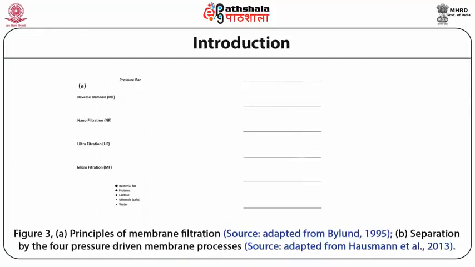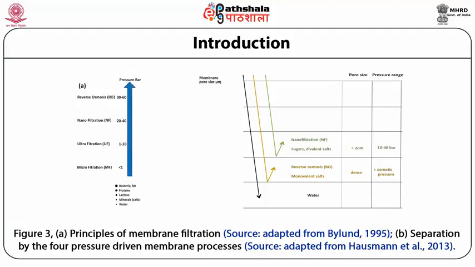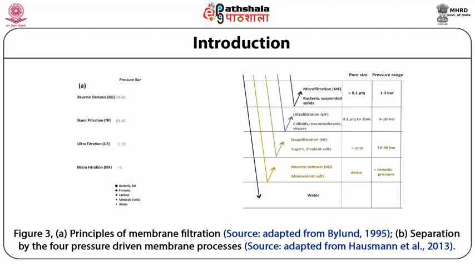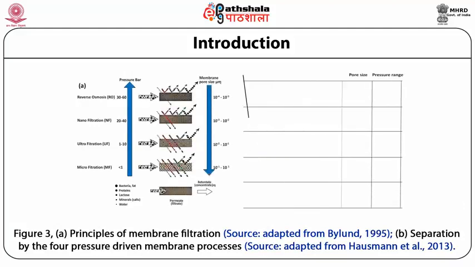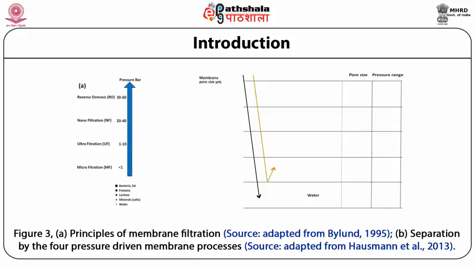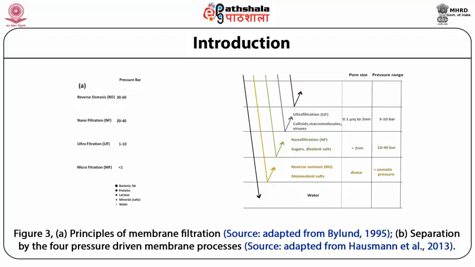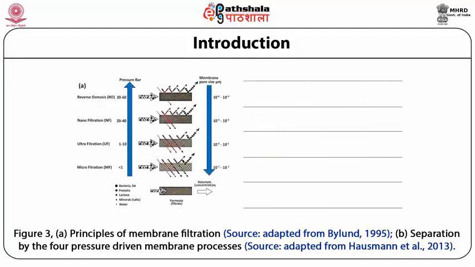Likewise, in this slide, figure 3 shows the principle of membrane filtration as well as separation by the 4 pressure driven membrane processes. In figure A, we can see 4 processes: microfiltration, UF, NF, and RO, and the applied pressure for MF is less than 1 bar, UF 1 to 10 bar, nanofiltration 20 to 50, and reverse osmosis 30 to 60 bar.